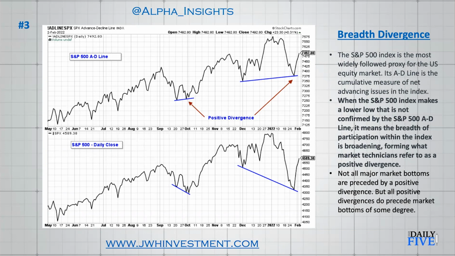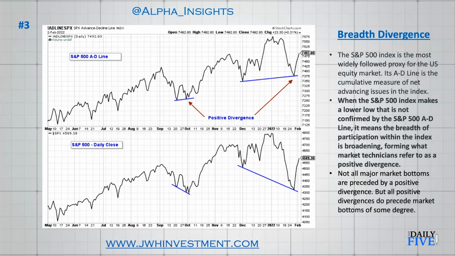If we confine it to just the S&P 500's issues and compare it to the S&P 500 itself, which is in the bottom frame of this diagram, you can see that as the S&P itself made its January 24th lows, the S&P's advanced decline line actually made a higher low.